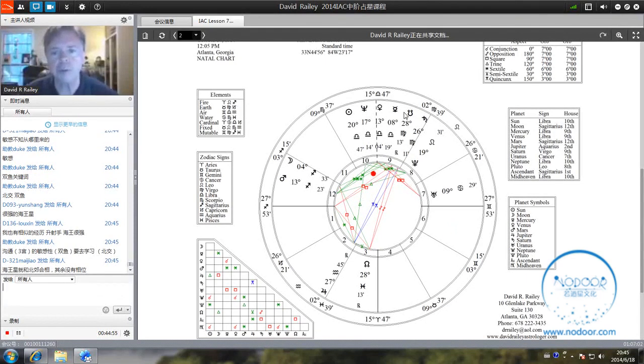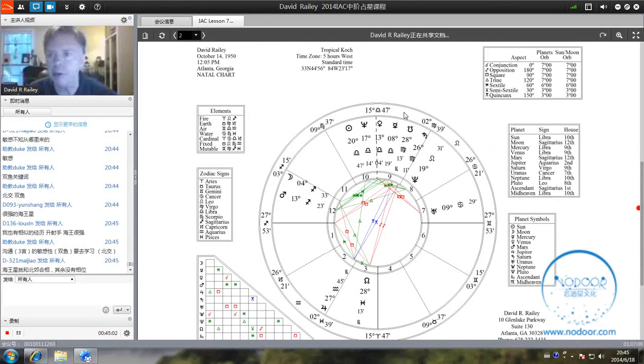Now, it is also true that in my case, and this is where we can start looking at the aspects in my own natal chart here, I had to learn how to use sensitivity from an early age. As many of you may know, my mother was in a wheelchair from the time I was 14 months old.